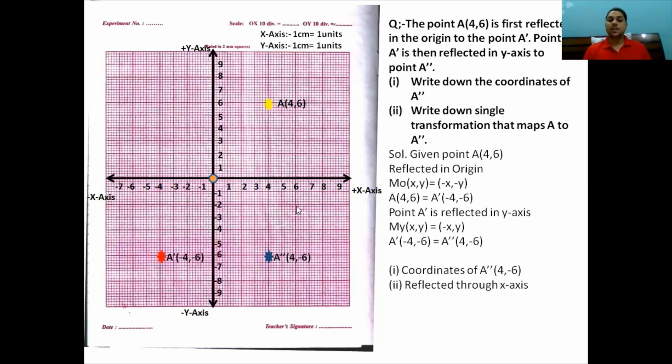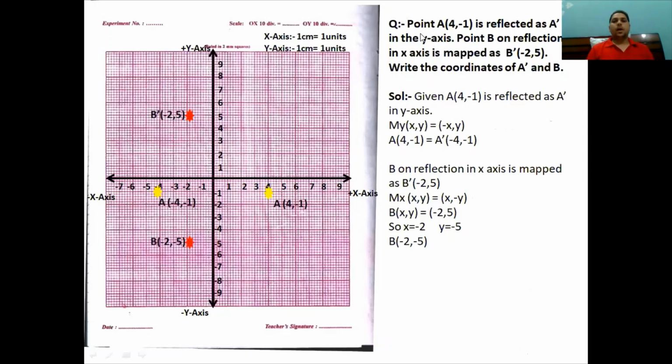Since the sign of the ordinate is changing, what will be the mapping? The mapping will be reflection in the x axis. Understand? So we have a mirror along the x axis.